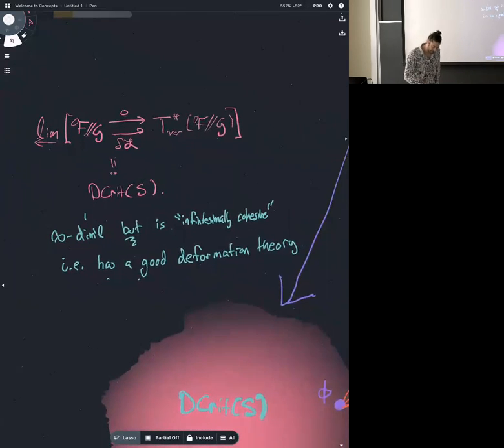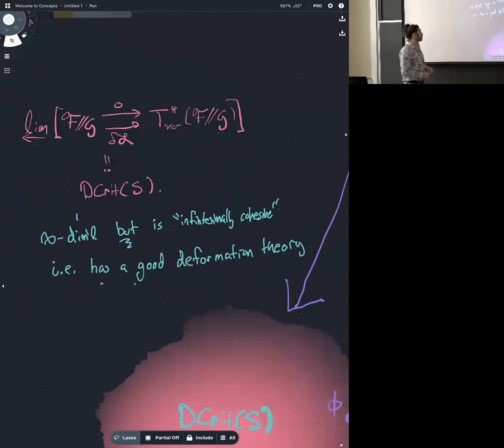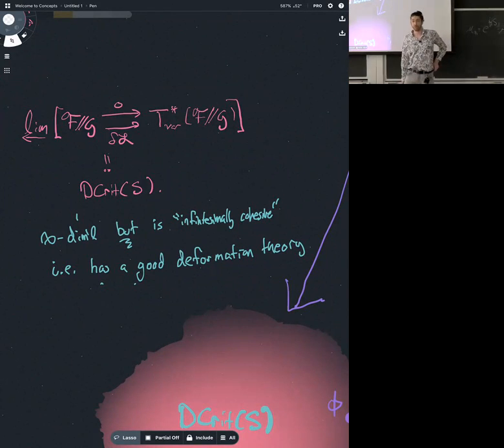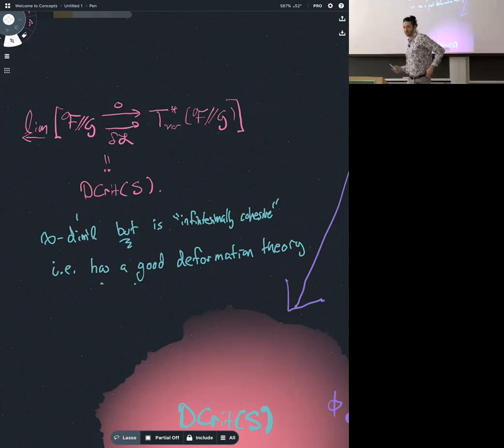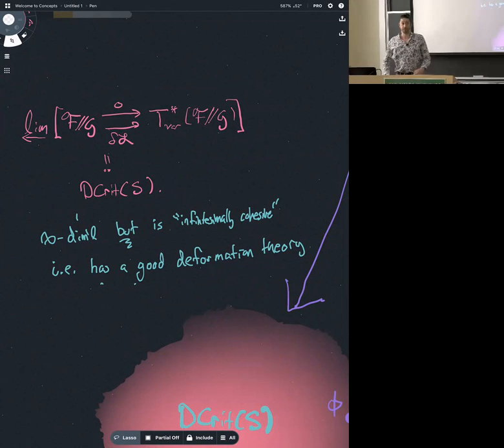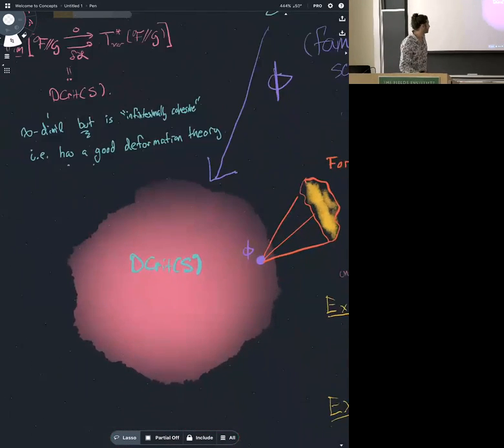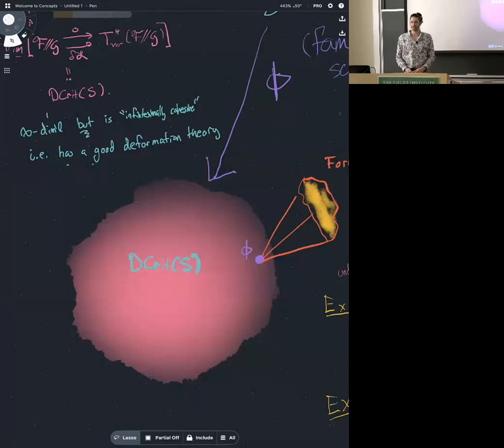With a little bit of work, you can show that it's still nicely behaved with respect to deformation theory, so you can do perturbation theory on it. So we can connect back to perturbative quantum field theory. That's important. So in case you want to know what an infinite dimensional derived stack looks like, there you go. Okay.